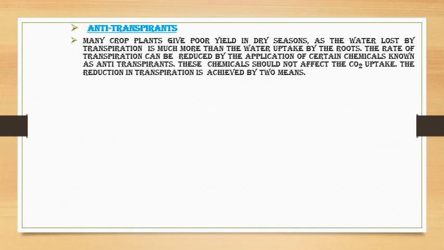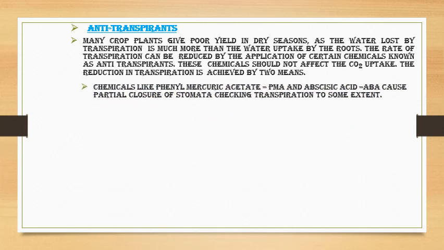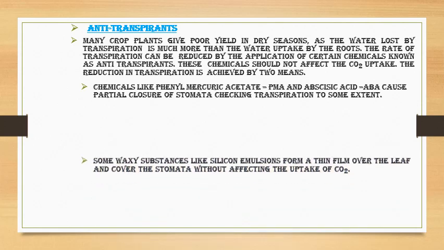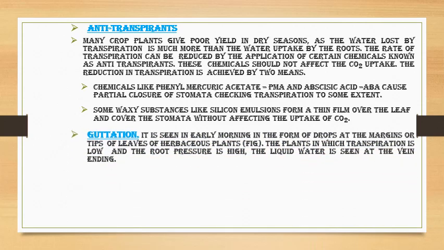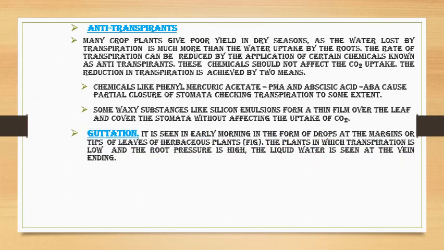The reduction in transpiration is achieved by two means: chemicals like phenyl mercuric acetate, PMA, and abscisic acid, ABA, cause partial closure of stomata, checking transpiration to some extent. Some waxy substances like silicone emulsion form a thin film over the leaf and cover the stomata without affecting the uptake of CO2.